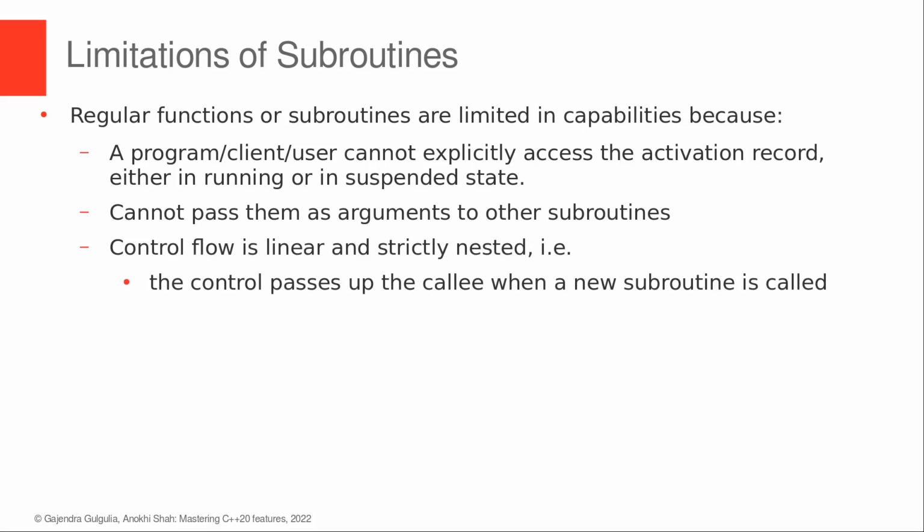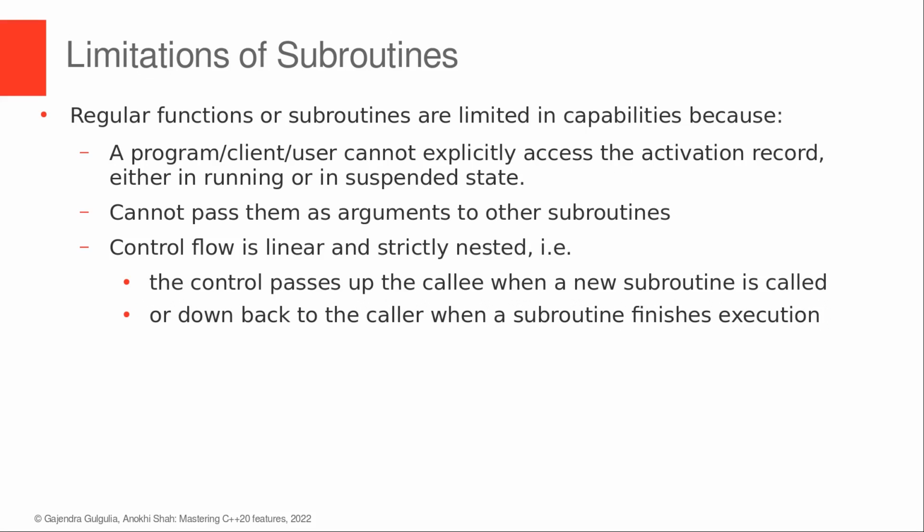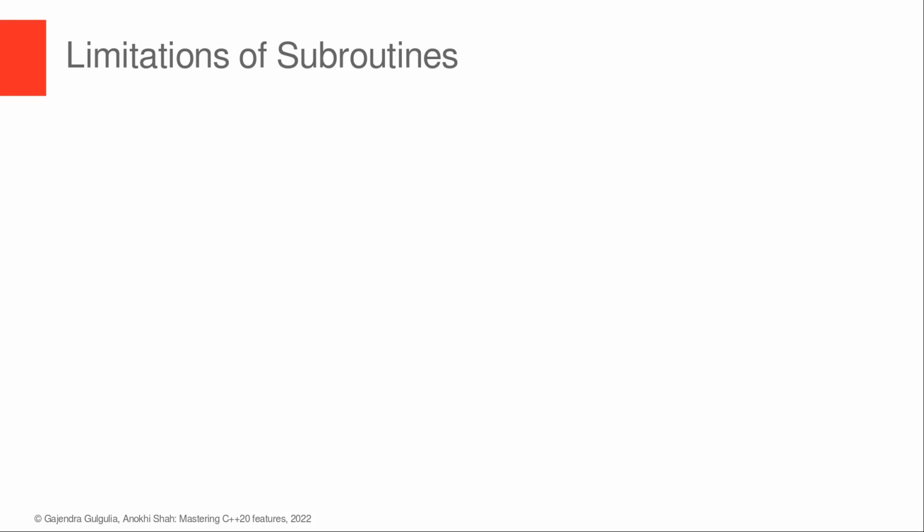That is, the control passes up the callee when new subroutine is called. For example, the function control passed from foo to bar up the stack frame, or down back to the caller when subroutine finishes execution. For example, the control passed down from bar to foo in the stack frame.